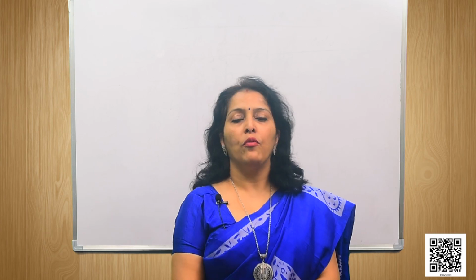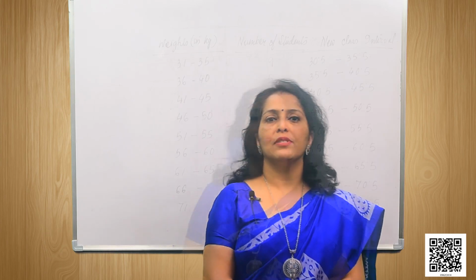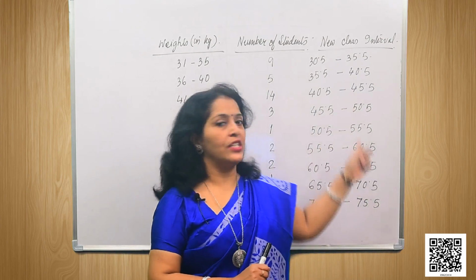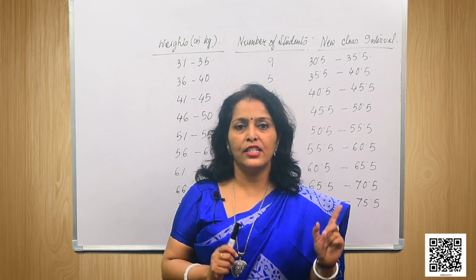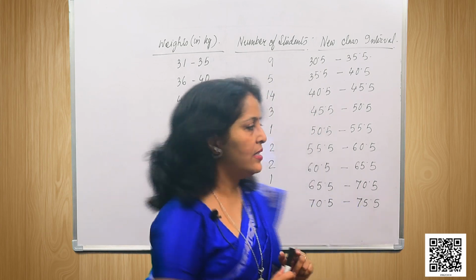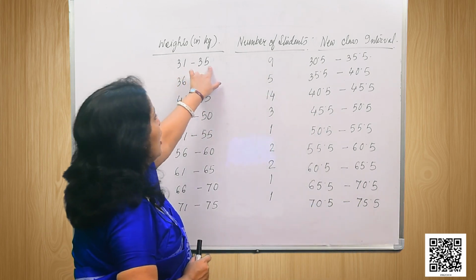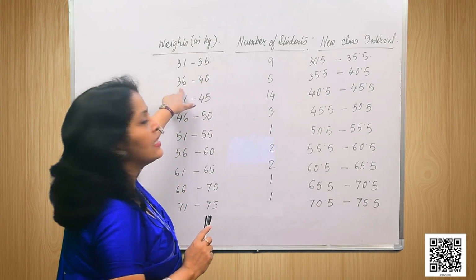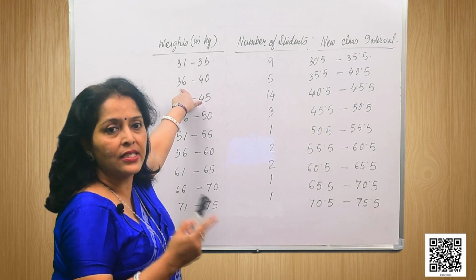So for that we make a new class interval to fill up these gaps. To overcome that problem, I have drawn a new class interval for this. Here we have the number 35 as the upper limit of the previous class and the number 36 as the lower limit of the next class.